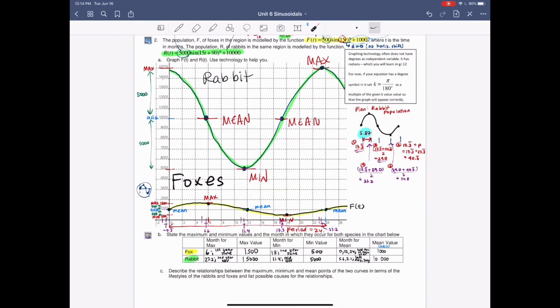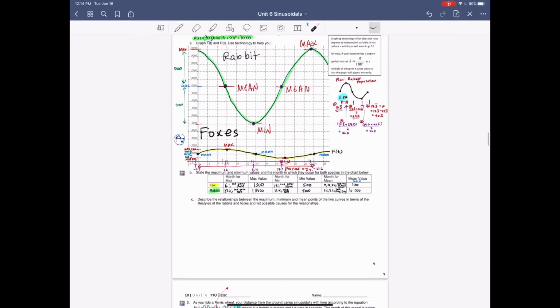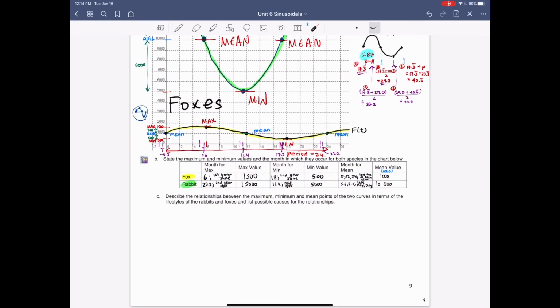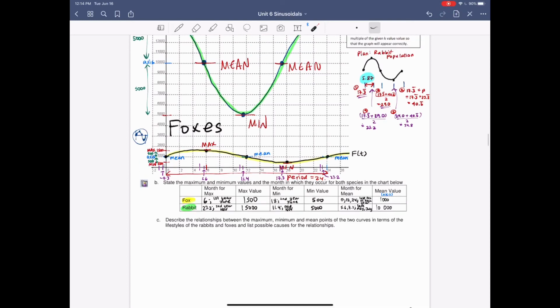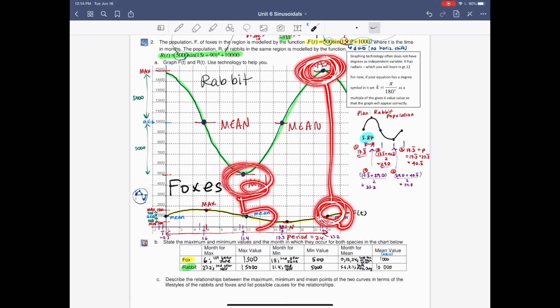So there are, in general, a couple of things that we notice when we describe the relationships between the max, minimum, and mean points of the two curves in terms of the lifestyles of the rabbits and foxes, and list possible causes for the relationship. For example, I'm noticing in general, around the time that the rabbit population is at its max, it's the fox's mean population. Around the time where the rabbit's population is at a minimum, it is the mean population for the foxes.